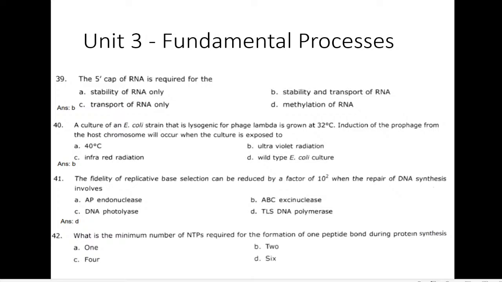Basic molecular biology explains the concept of DNA polymerase, but some of the latest researchers explain the concept of TLS. TLS DNA polymerase enzymes are helpful in repairing, and the keyword here is that these TLS-specific DNA polymerase enzymes are used in specific translesion synthesis.